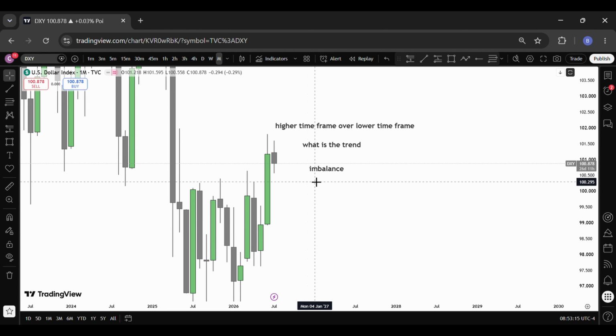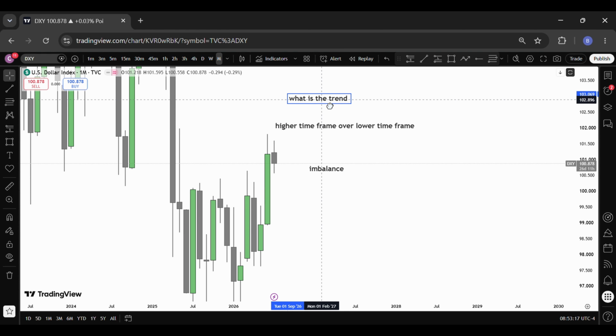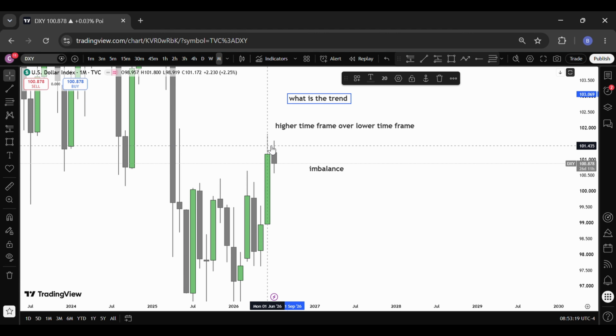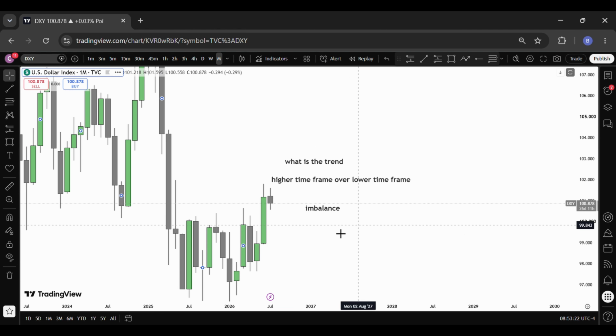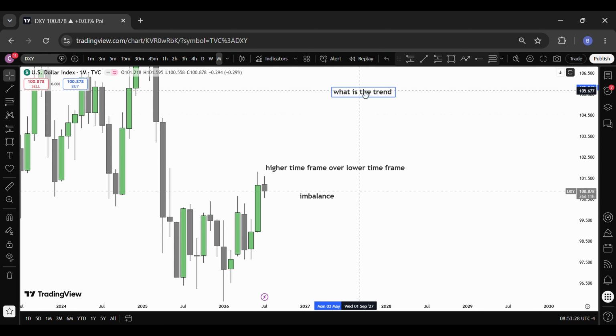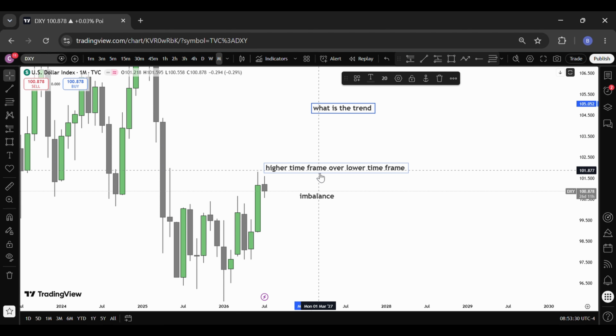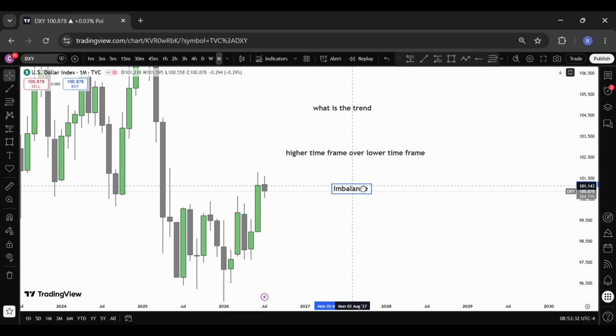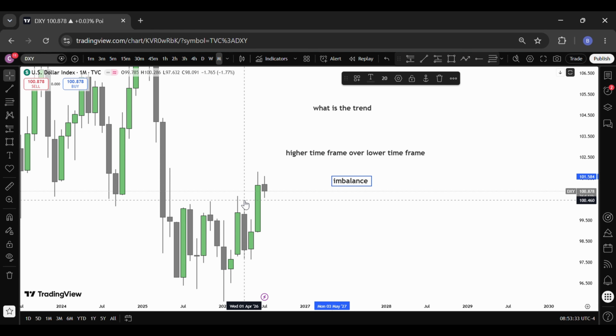You need to pay attention to the trend. What is the trend? The trend has been bullish, because I obviously have a bullish projection towards this balanced price range. So the trend is obviously bullish. Check. Now look at how price is reacting to liquidities.